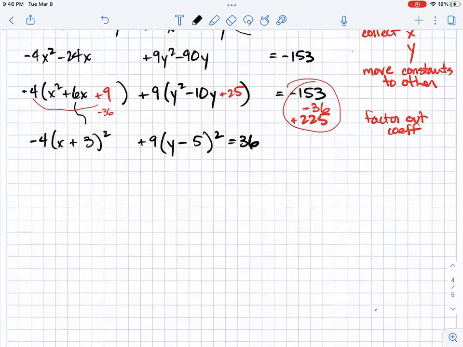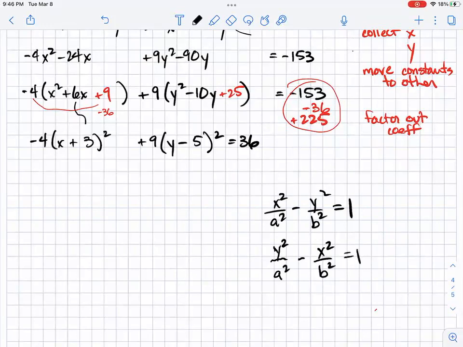So remember that our form for the hyperbolas is x squared over a squared minus y squared over b squared is equal to 1, or the other way around, y squared over a squared minus x squared over b squared is equal to 1. So I need to get the right-hand side to be equal to 1, and I'm going to do that by dividing by 36.